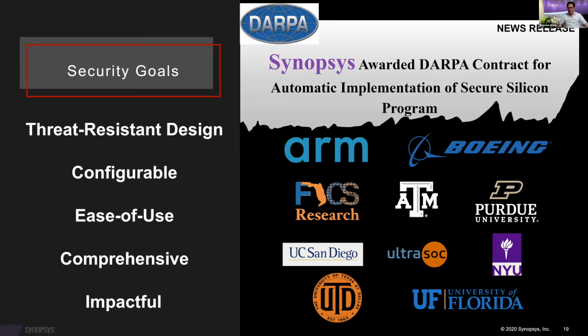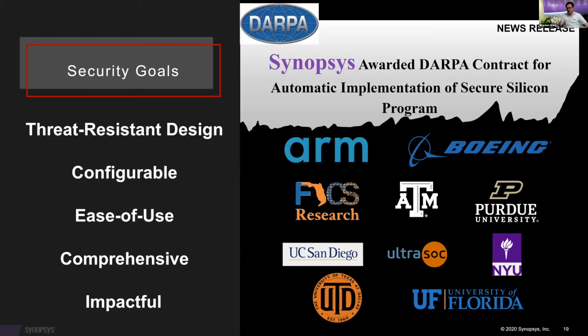The configurable security level is to set the protection based on the level of security, so that we have a good trade-off against power, performance, and area. Ease of use is to take the commercial tool flow and augment it with a secure IP repository and some plugins, so that design engineers do not have to learn a completely new set of tools for security purposes.